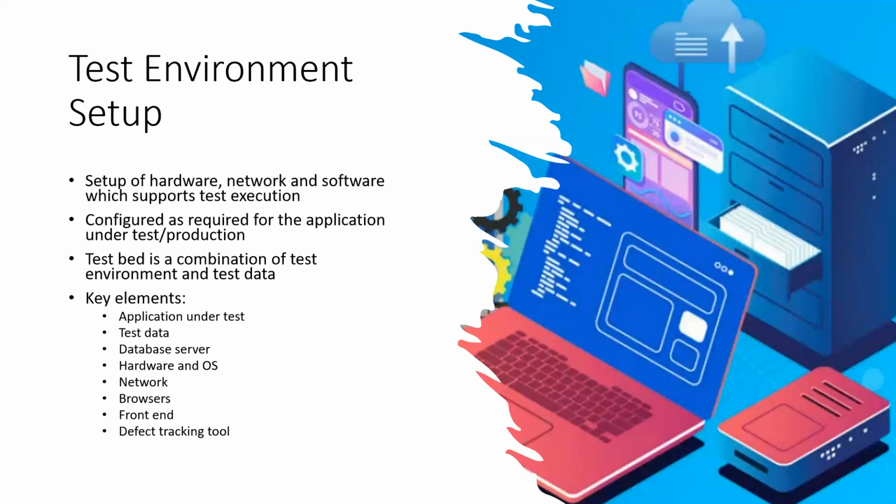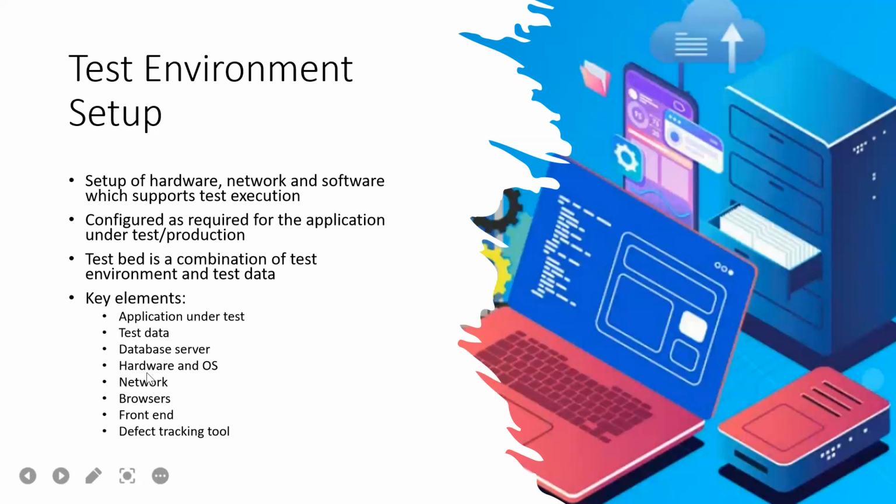Yes, the software application which is built should finally be a part of your testing environment. Next, we should have test data for that. And next, the database server. The one with which the project was developed, that server should be available in the testing environment to perform testing.